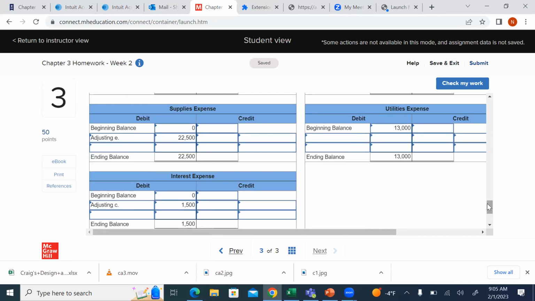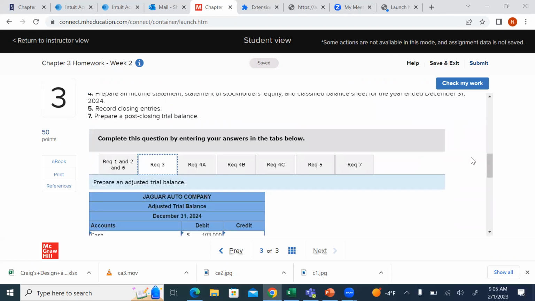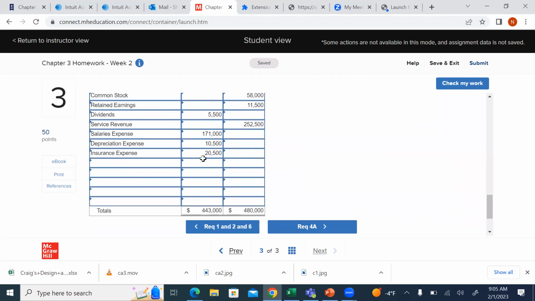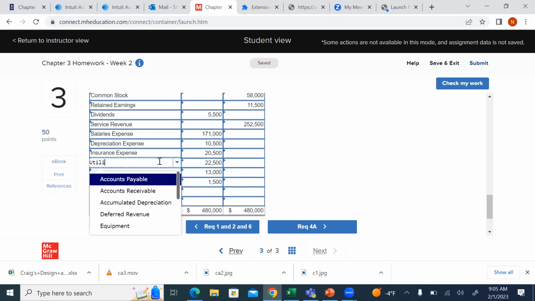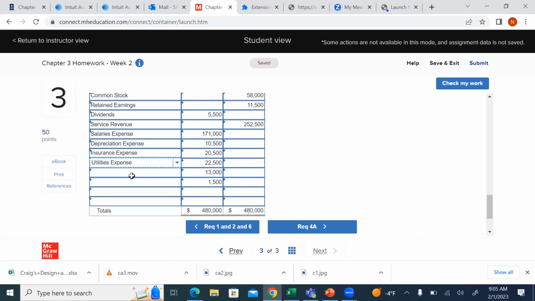Interest, 1,500. That utilities, supplies, and interest.